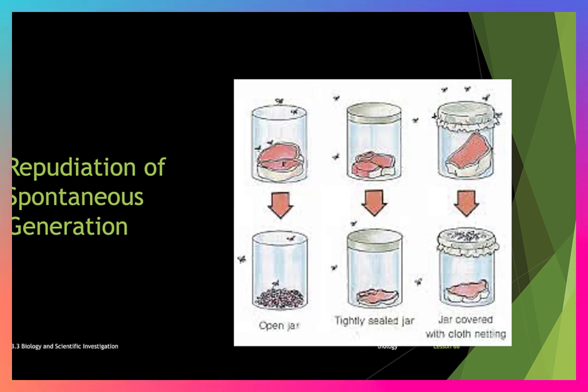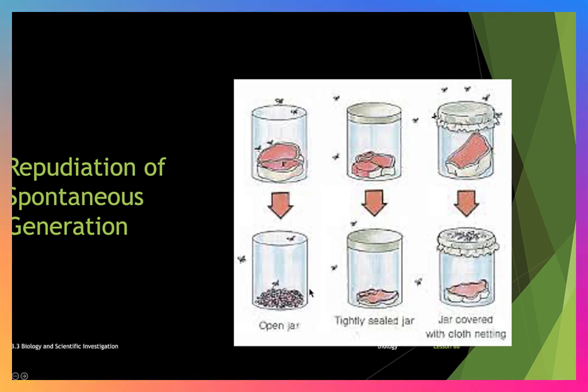Now, in order to show that it wasn't because he was excluding air from the jar with the tight seal, he covered the jar with gauzy material. Interestingly, when he did that, the flies came and landed on the gauze, but they couldn't get to the meat. And the maggots formed on the gauze above the meat, but not on the meat itself.